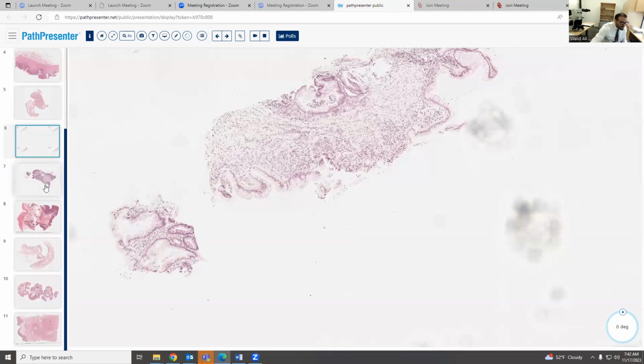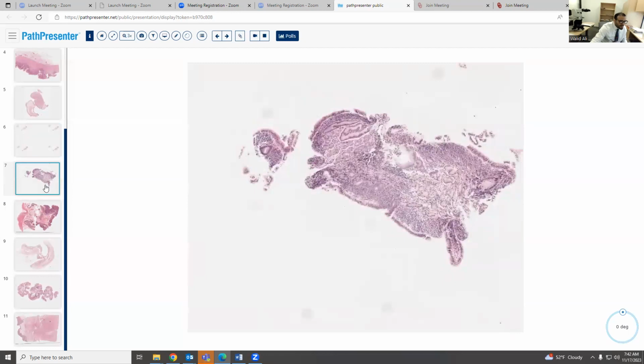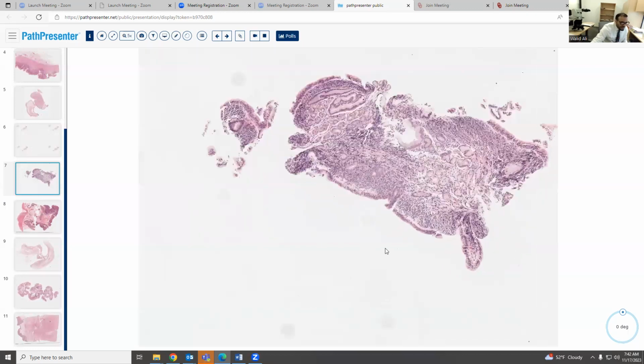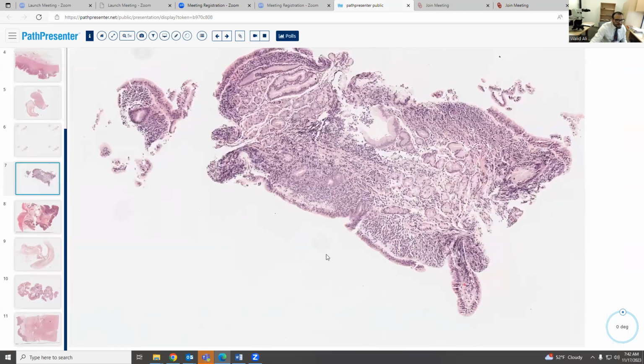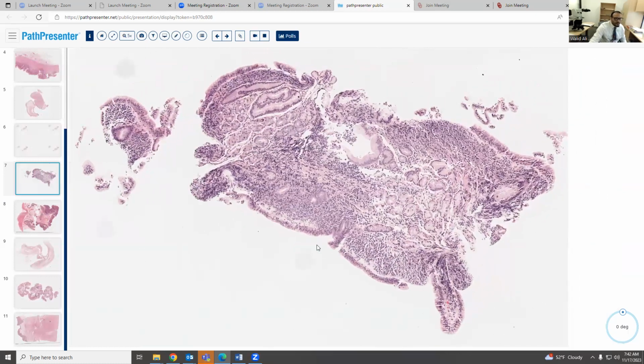Okay, and then let's go to the second case here. So here I will bring this case. Let's say this is a stomach biopsy, but it can happen also in the colon. I also brought these slides to tell you these entities can happen anywhere. It's very common in the colon, but it can happen also in the stomach.